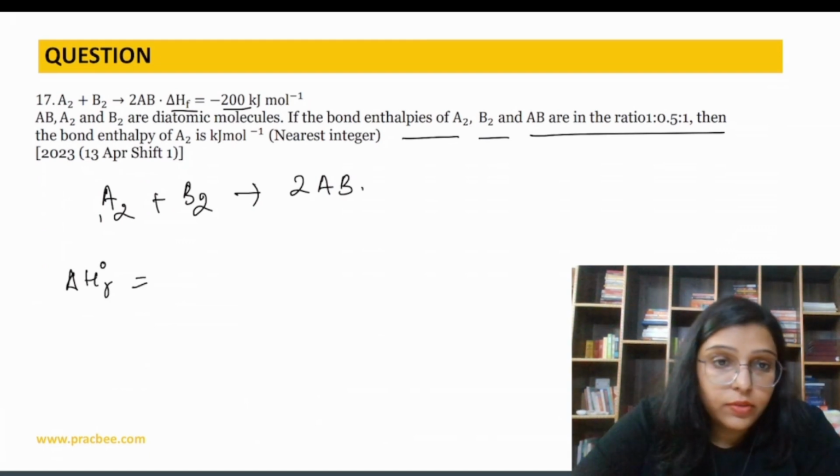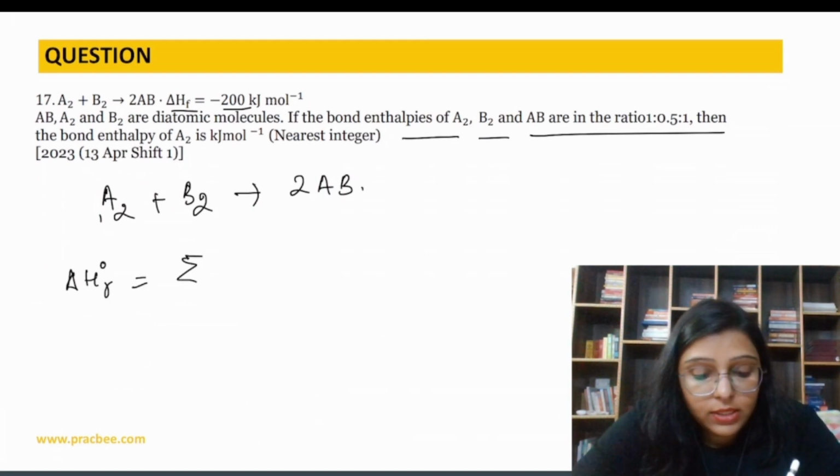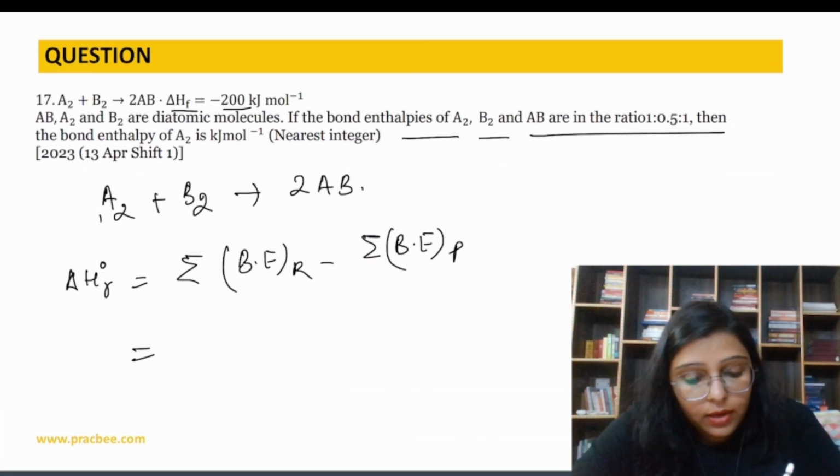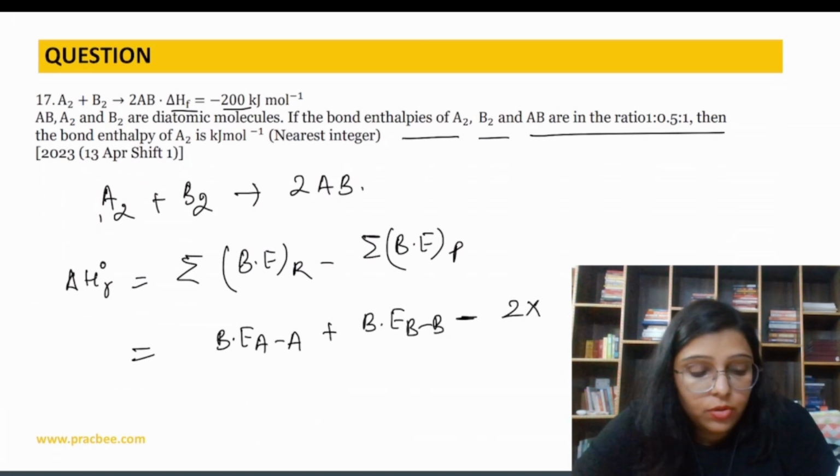If I want to calculate delta H naught reaction from bond energy, it is summation of bond energy of reactants minus summation of bond energy of products. So we can write bond energy of AA plus bond energy of BB minus 2 into bond energy of AB.